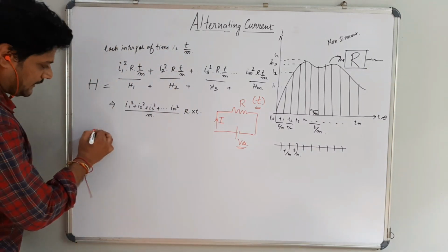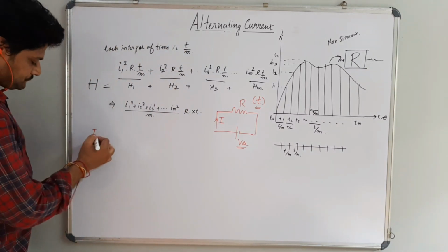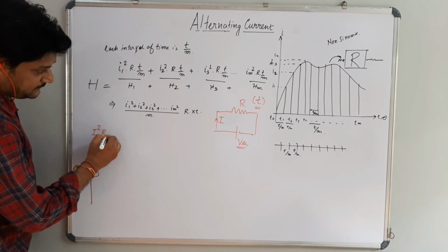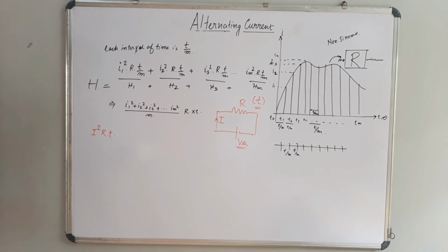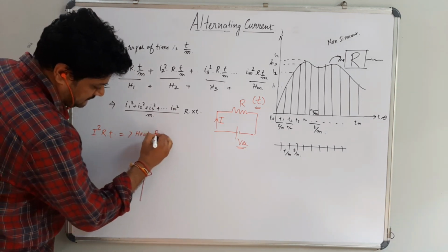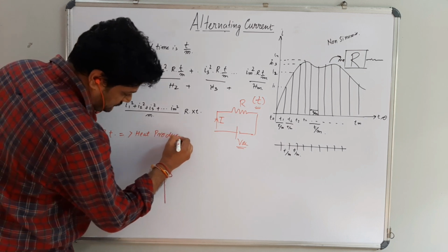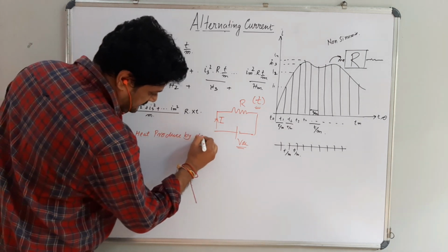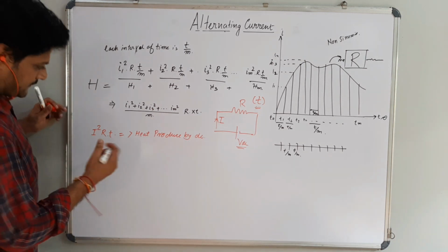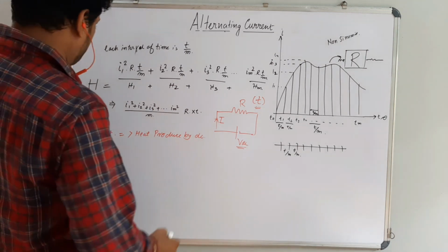That is I square R T, the heat produced by DC.